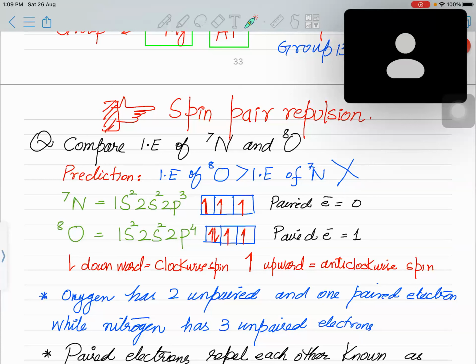No, now look at it: nitrogen has 3 unpaired electrons in the 2p subshell, and oxygen has 1 paired and 2 unpaired. Paired electrons repel each other. So it is quite easy to remove 1 electron from oxygen because they are paired. Paired electrons repel. This phenomenon is called spin pair repulsion.